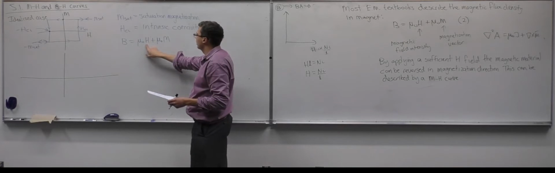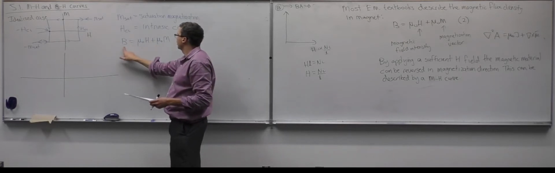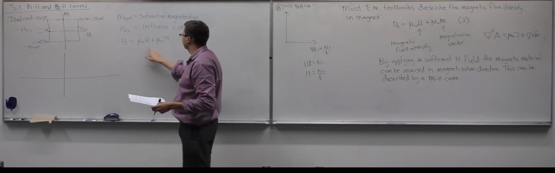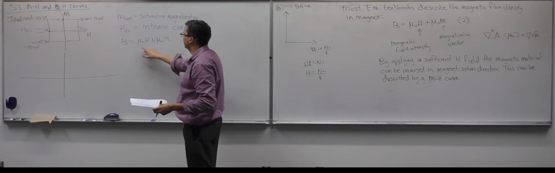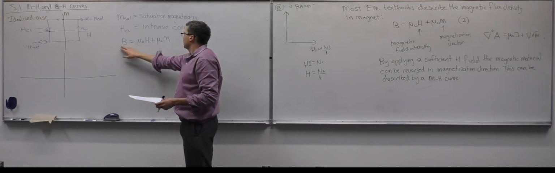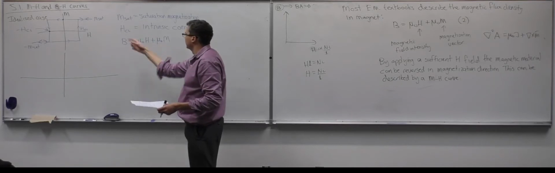If H is 0, then the magnetic field present in the magnetic device is going to be just equal to mu naught M.